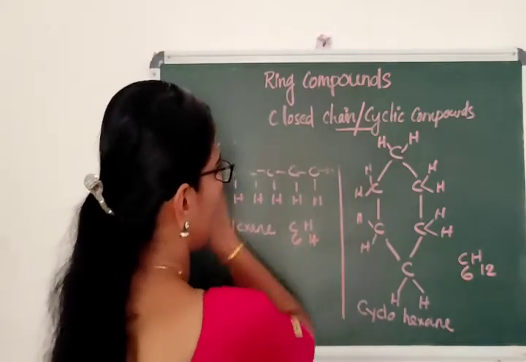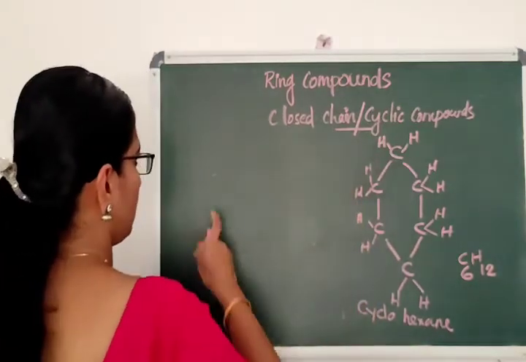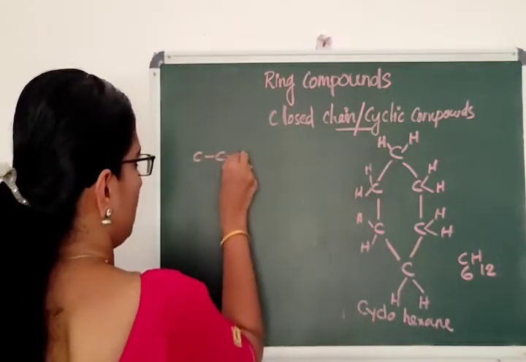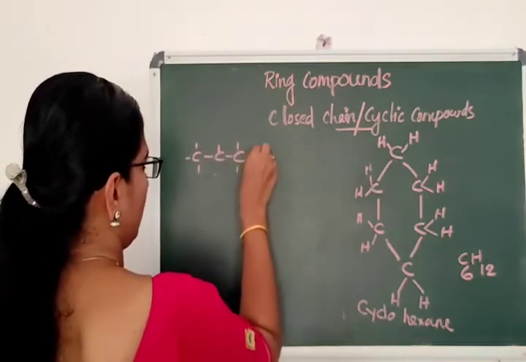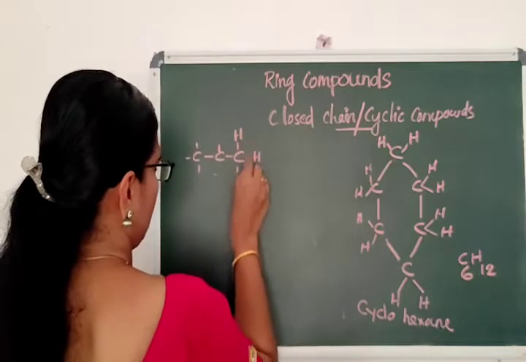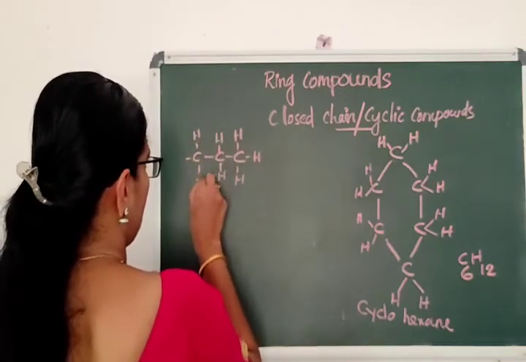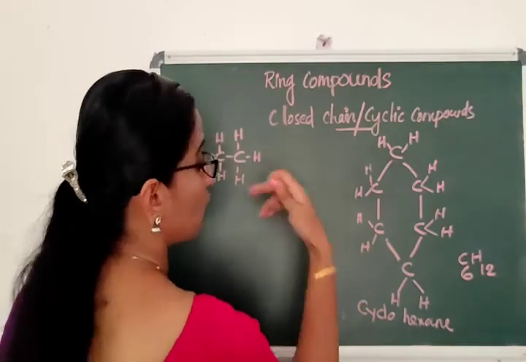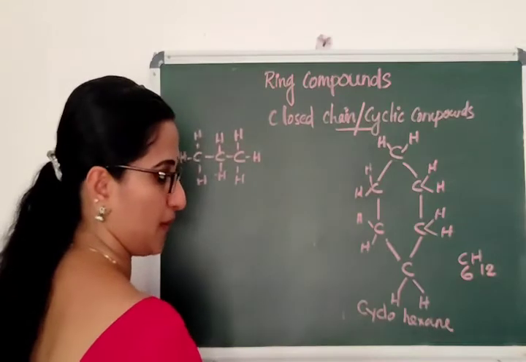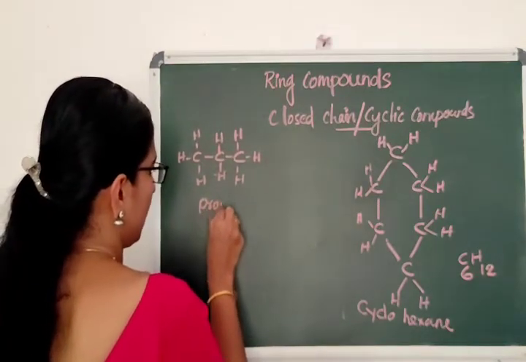Okay, I will show you another example. If I draw 3 carbons with the hydrogen, what is it called? It is propane, right? This is normal propane. I just want to change this normal propane into cyclopropane.